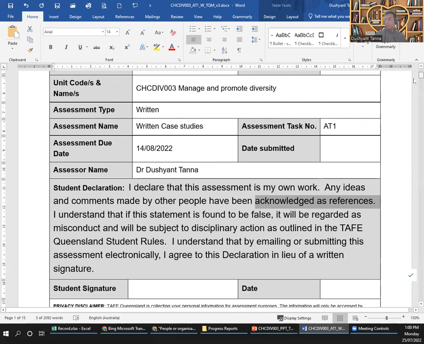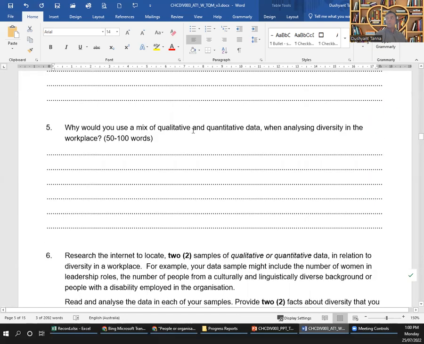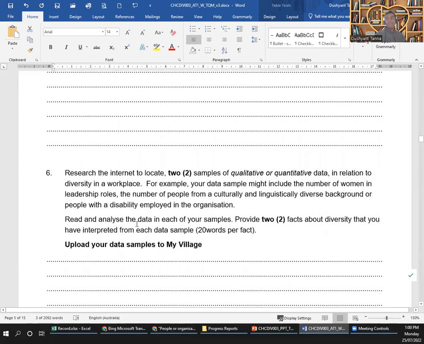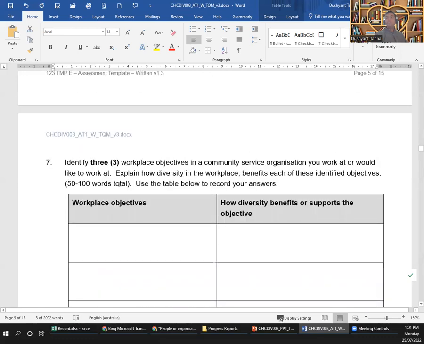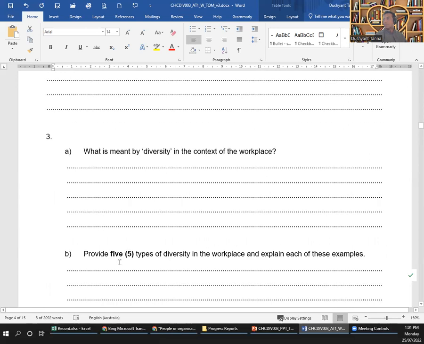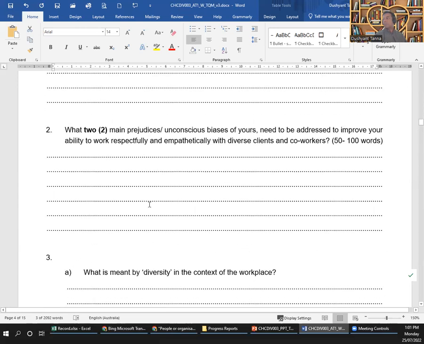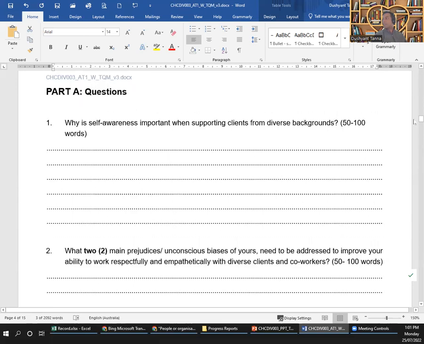So let me scroll a bit down. Let's say, for example, why would you use qualitative and quantitative data when analyzing diversity in your workplace? If you are answering from your brain and you think it's correct, no reference needed. But if you are reading somewhere, then you must reference it. For example, five types of diversity, or there was some legislation.